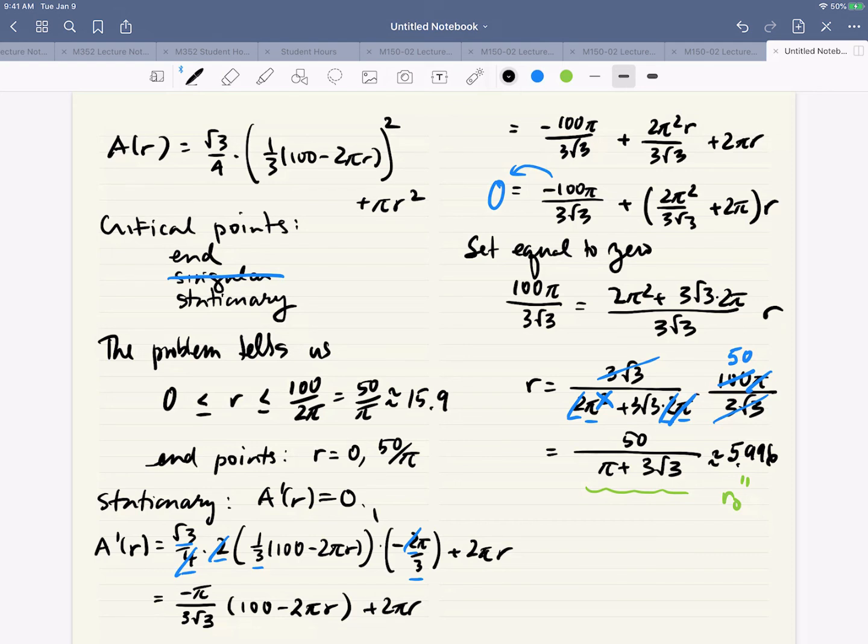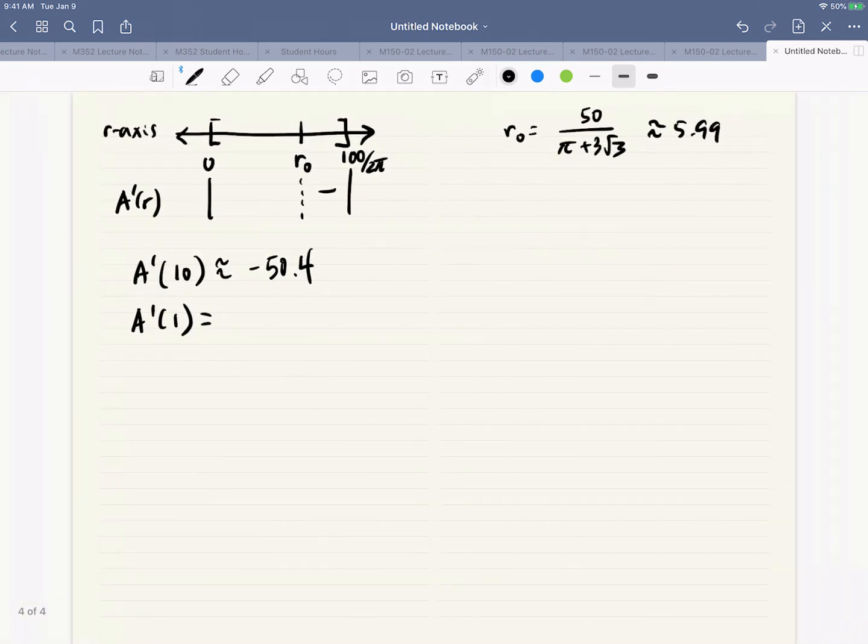Plug in 10. Let's see what we get. I get 40. So that's positive.